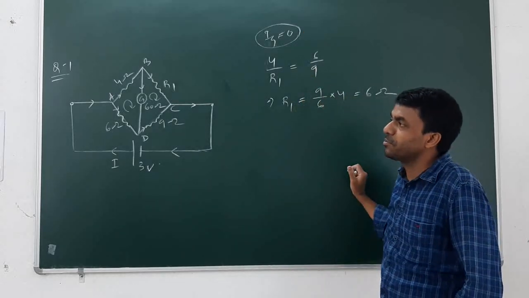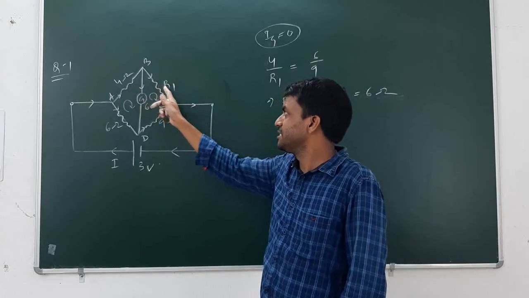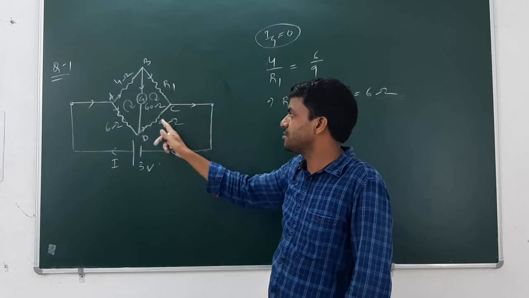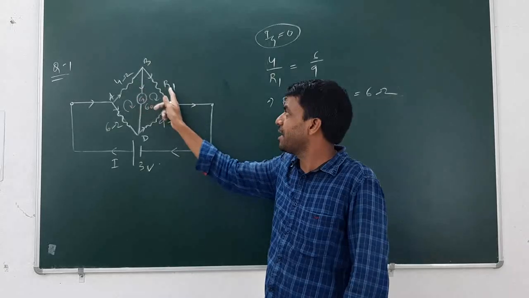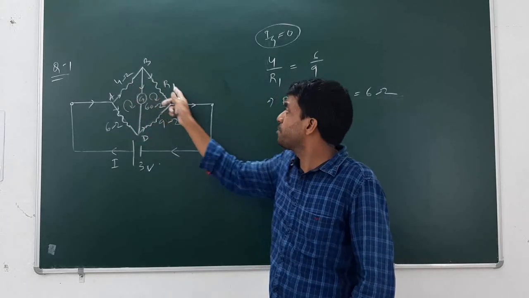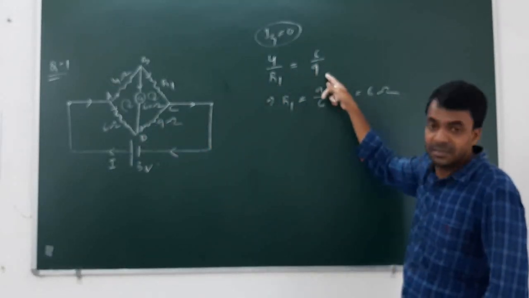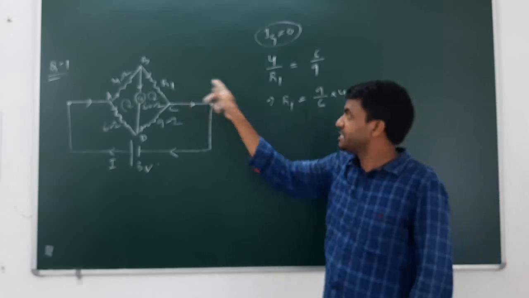Now, according to the balance condition of the Wheatstone bridge, this is P, this is Q, this is R, this is S, or P by R is equal to Q by S, or 4 by R1 is equal to 6 by 9. R1 is the unknown resistance.